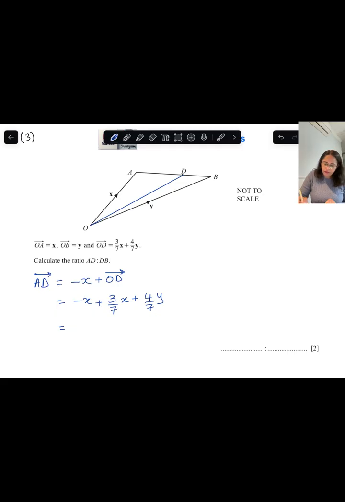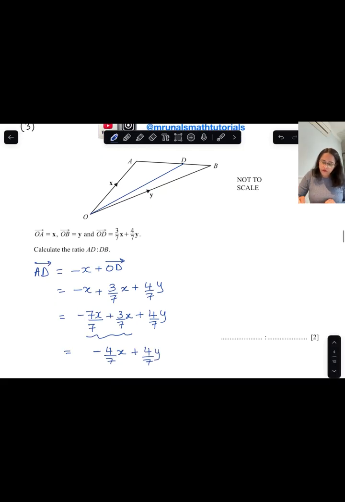Again, here we need to combine the x's together. So I'm going to rewrite this as minus 7x over 7 plus 3 over 7x plus 4 over 7y. Combine the fractions together. That gives me minus 4 over 7x plus 4 over 7y.